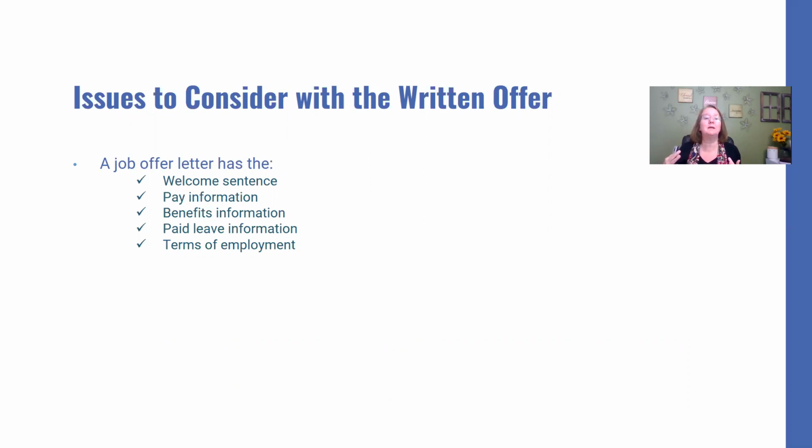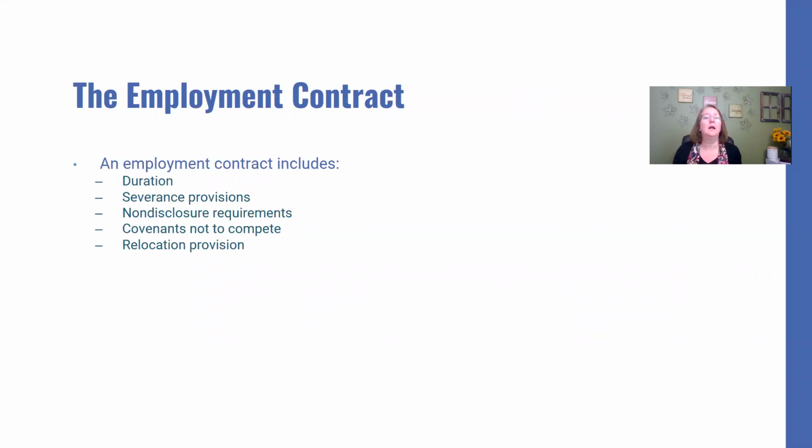You're going to have the pay, benefits, the paid leave information, terms of employment information. And then you're going to have a contract. The contract is going to say how long the contract is for, any severance provisions, non-disclosure requirements, covenants to non-compete, and relocation provisions if you're paying to help them relocate.